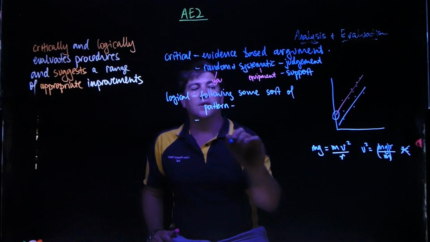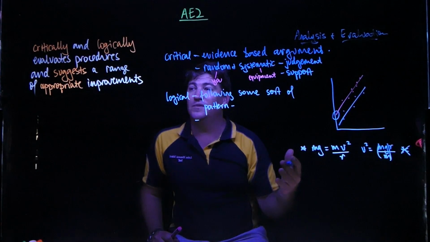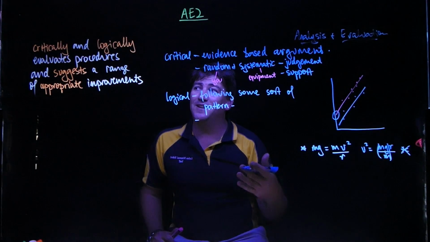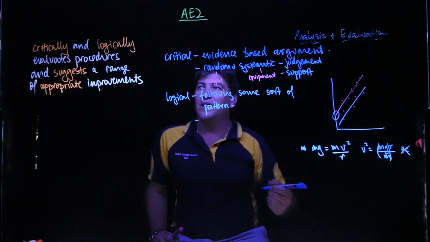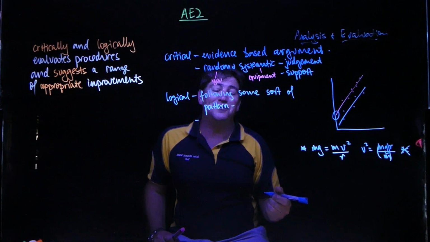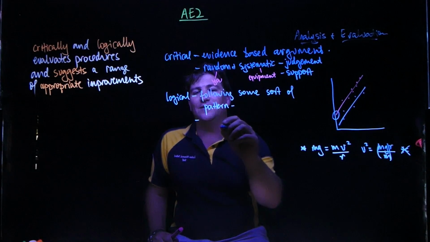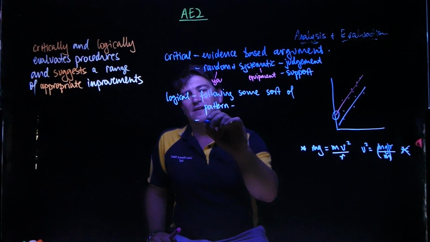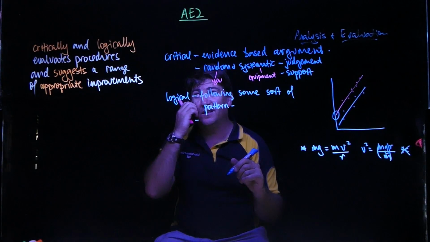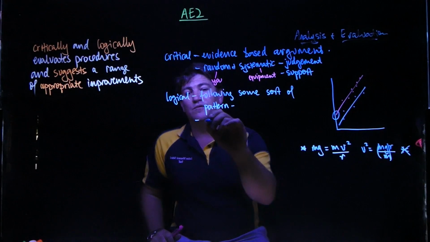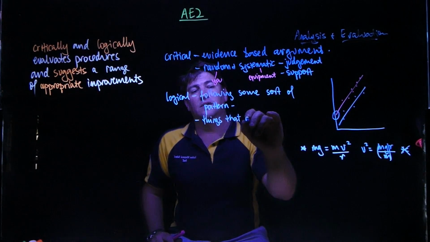It is also supported by something like this. So in your evaluation of your procedures, you are not finding really stupid ways to improve it. If the procedures are logically evaluated, what you're looking for is things that are realistic.